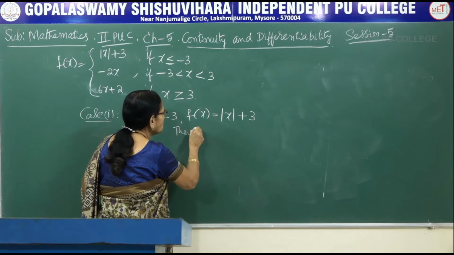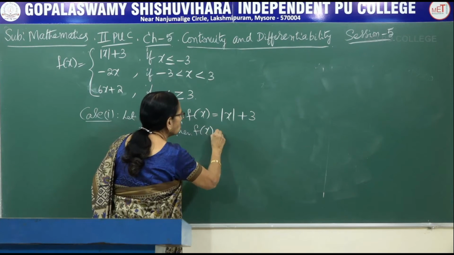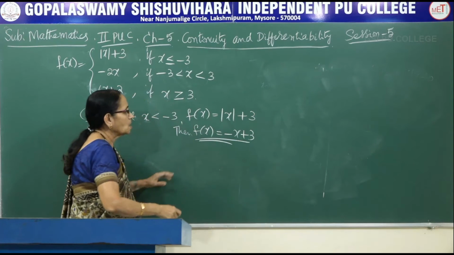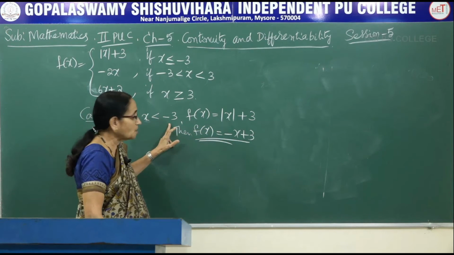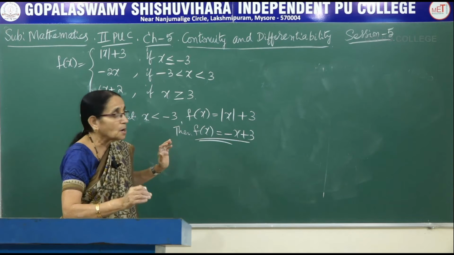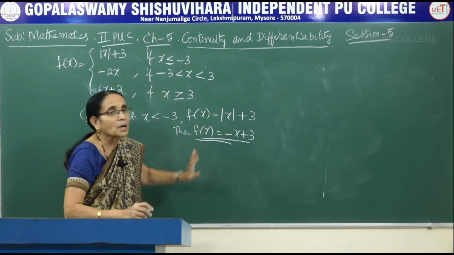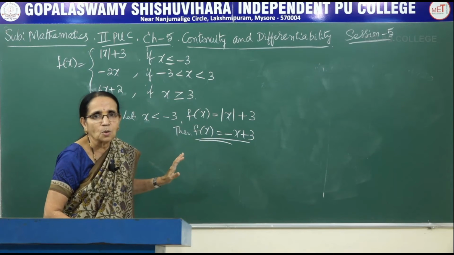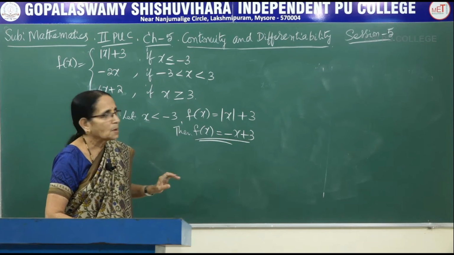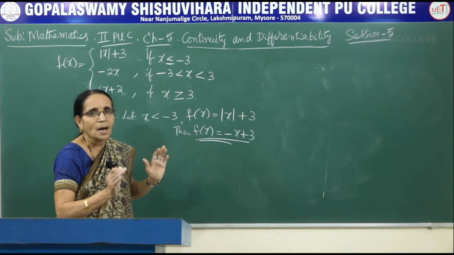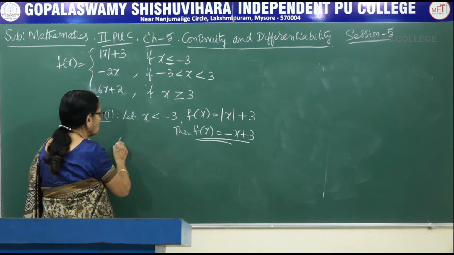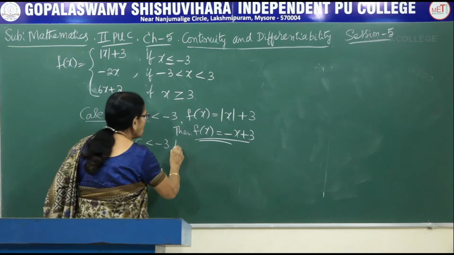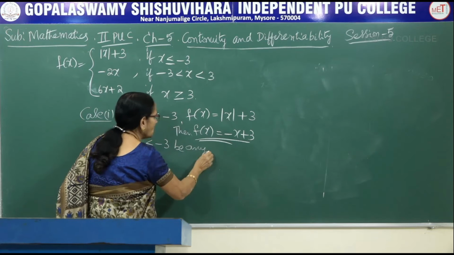Then what happens here? f of x should be taken as minus x plus 3. Though the modulus function is there, for this particular set of values, the function becomes minus x plus 3. Now, as usual, we take a general point. Let c be less than minus 3, be any real number.